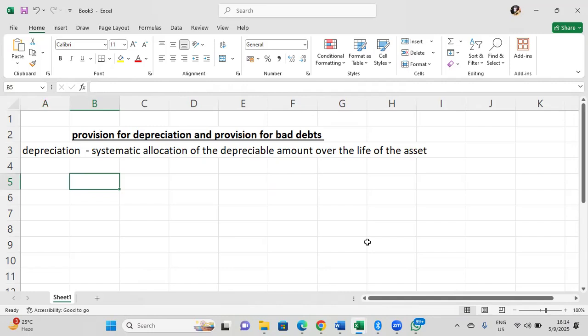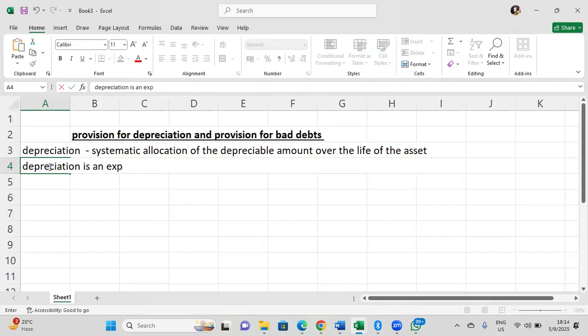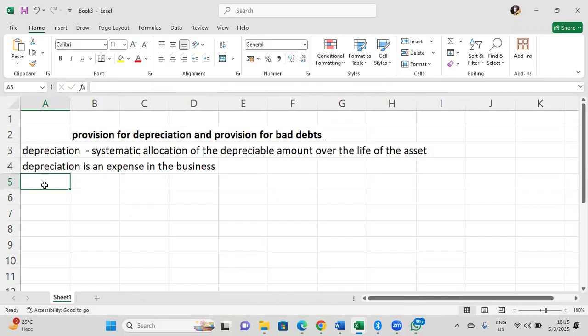Now, let's move on. Depreciation in the business is an expense. If you are accounting for depreciation, it's part of the expenses in the business.